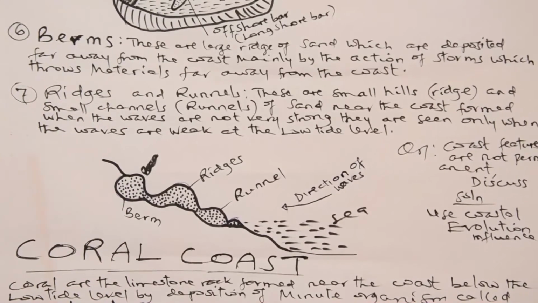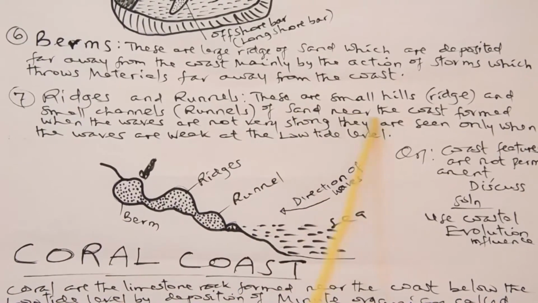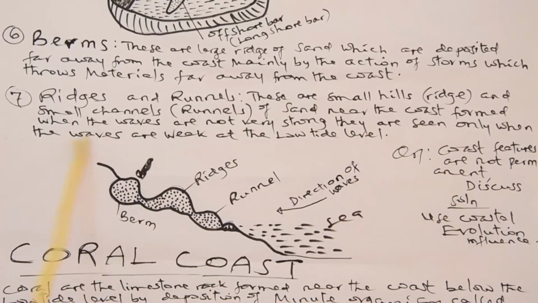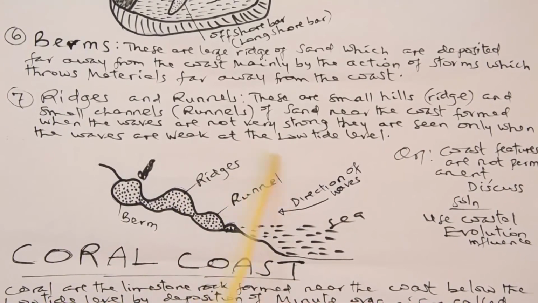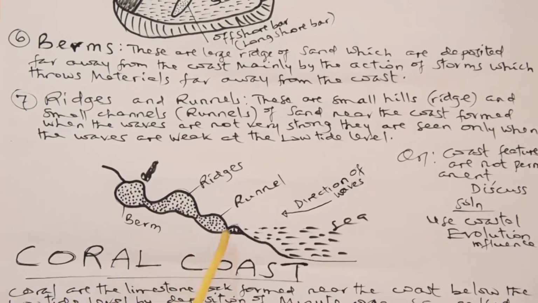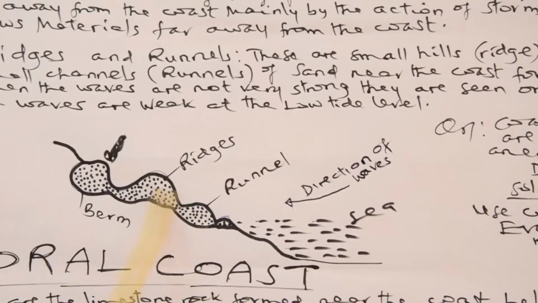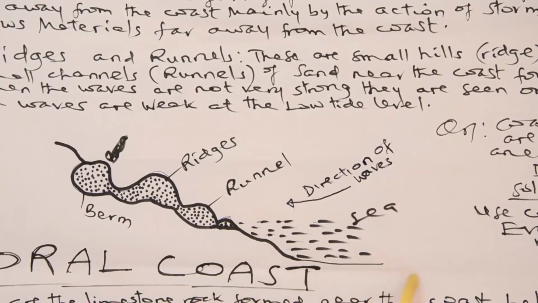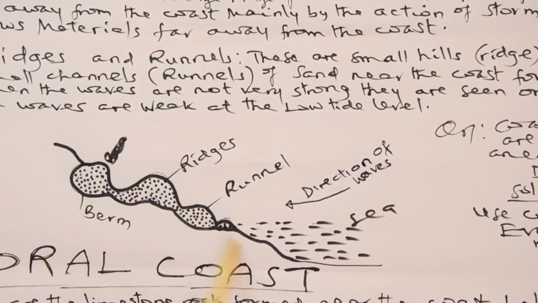But there is another deposition feature called ridges and runners. These are small hilly ridges and small channels, runners, of sand near the coast, found when the waves are not very strong. They are seen only when waves are weak at low tide level. Runners are nearby the sea, because the wave action is no longer strong enough to throw material far away.